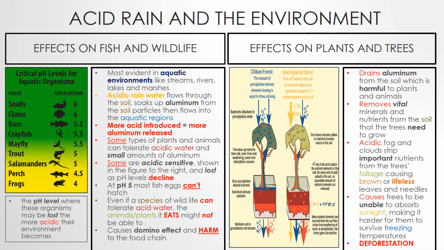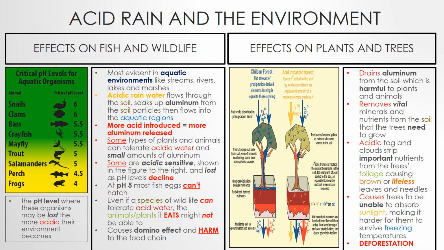The more acid that's introduced, the more aluminum that's released. Some types of plants and animals can tolerate acidic water and small amounts of aluminum. However, some are acid sensitive, as you can see in this diagram to the left, and they are lost as pH levels decline.